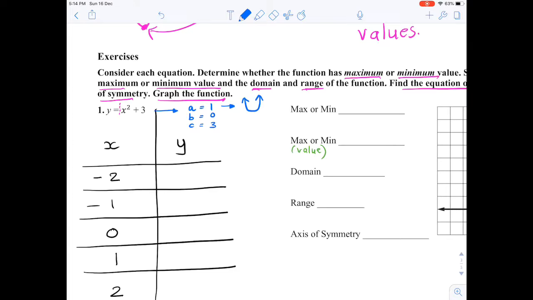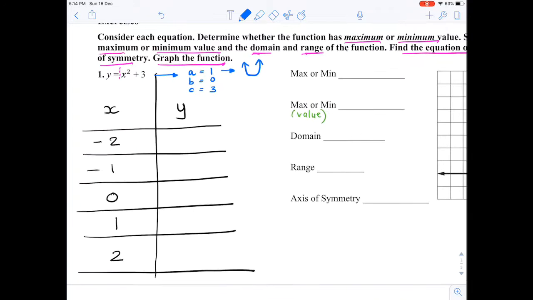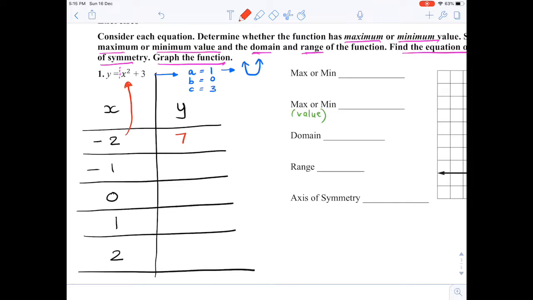Now I'm going to go down and make a table of values. I cheated a little bit, I went ahead of you guys. And again, I'm just choosing a range of negative and positive values. Please use your TI, or be very careful with your mental math. I'm going to substitute these x values into the equation. So negative 2: negative 2 squared is positive 4, plus 3 gives me 7.